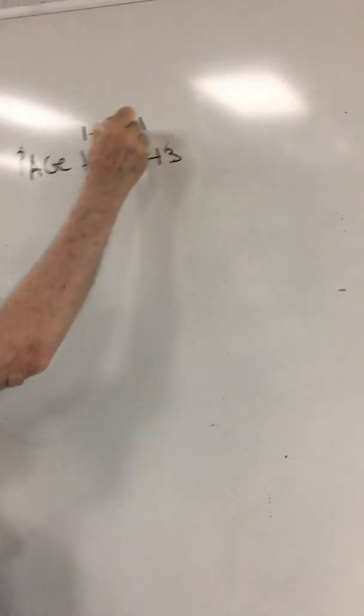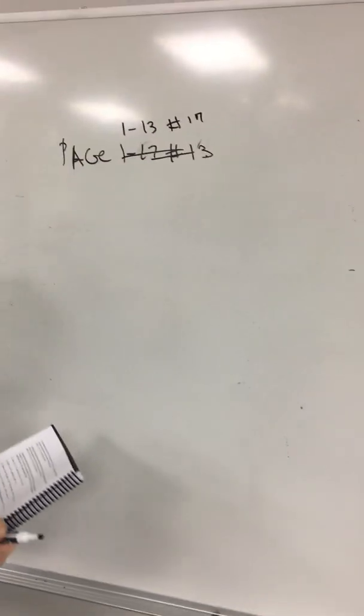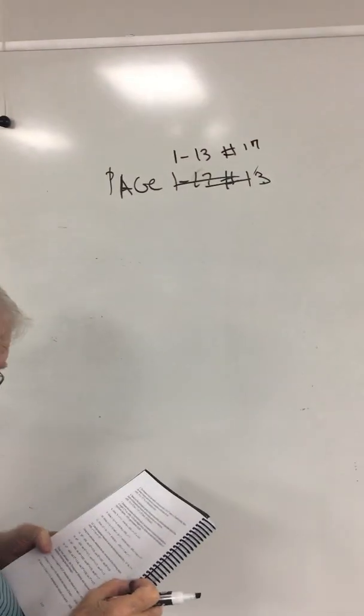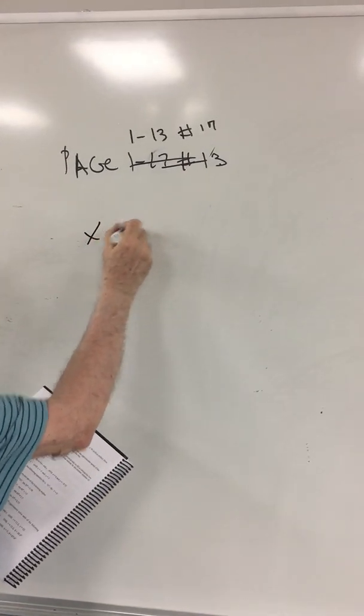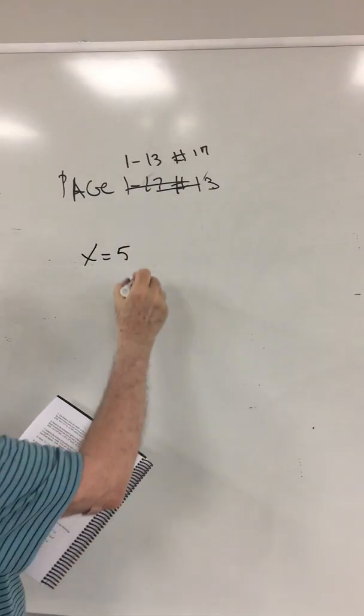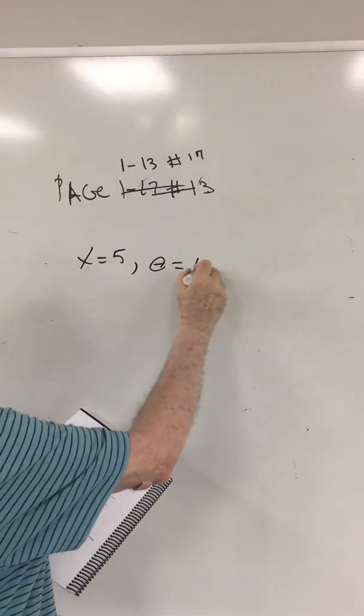Page 1-13, number 17. This problem says, suppose x is equal to 5, and the angle theta is 63.4.